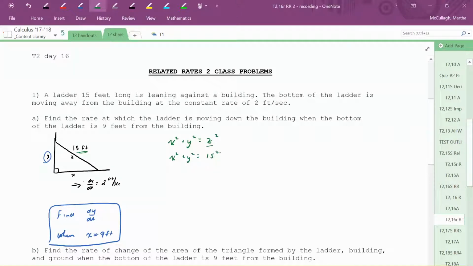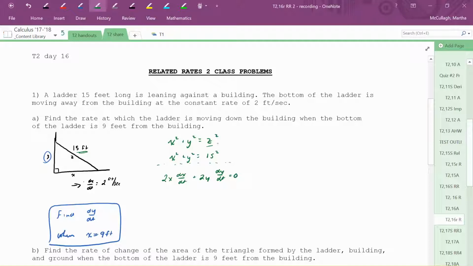I wouldn't plug in this 9 feet for my x value because that is changing. The ladder is sliding out from the wall, so the distance from the bottom of the ladder to the wall is going to be changing, so I'm not going to plug that in yet. I'm going to go ahead and take the derivative and have 2x dx/dt plus 2y dy/dt equals 0.